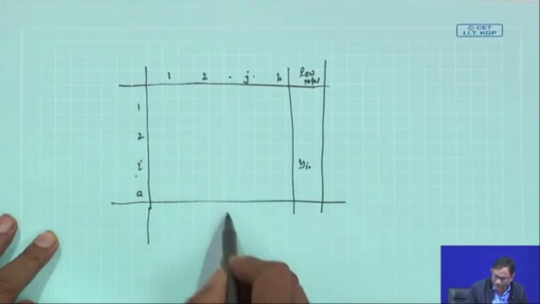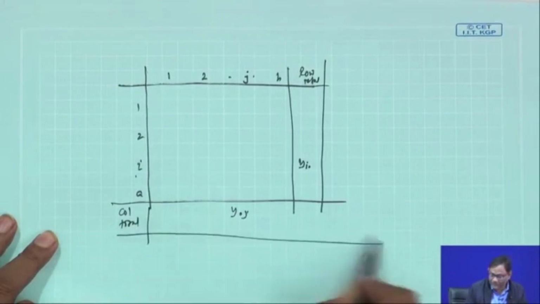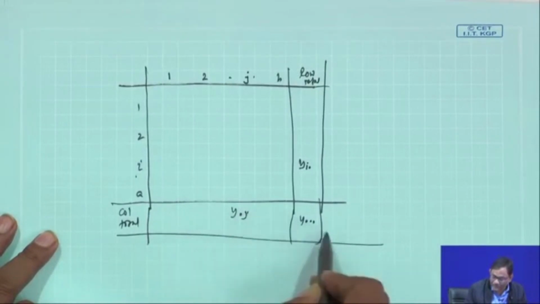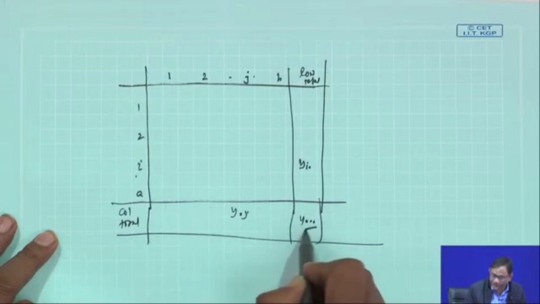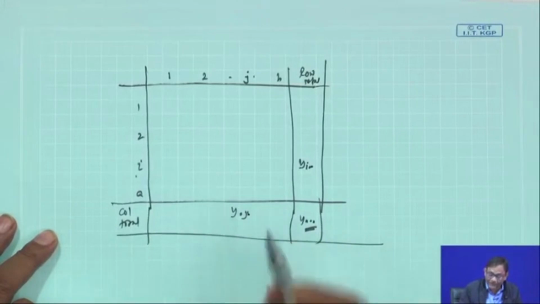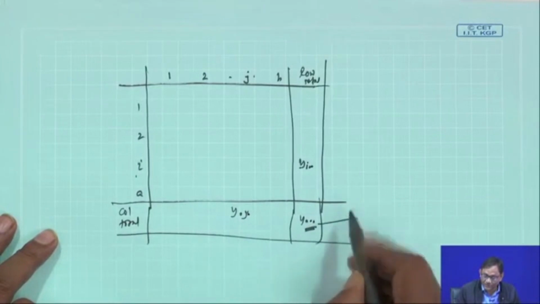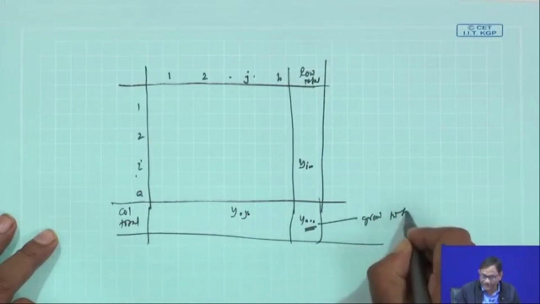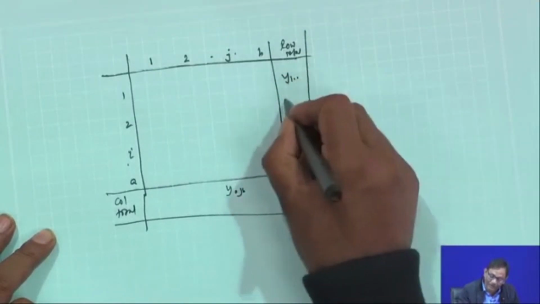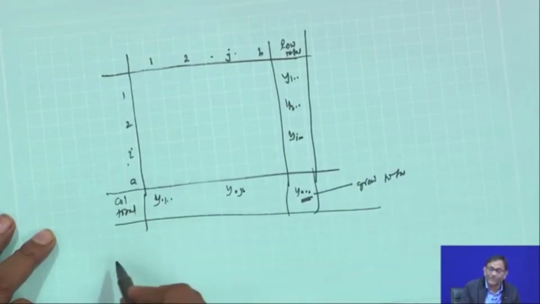This gives y_.j., the column total, and then y_..., the grand total. The first row total will be y_1.., then y_2.., and similarly y_.1. for columns, and this way the grand total.